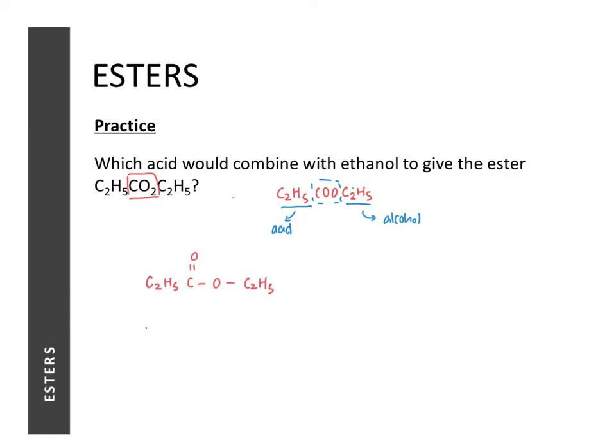So to get back your acid and your alcohol, remember to locate your CO single bond, and then you break it into the two fragments, and then you add back your OH and your H. It's already given in the question. The alcohol is your ethanol, and now let's look at your acid. Your acid has 3 carbon atoms, 2 plus 1, so it's your propanoic acid.